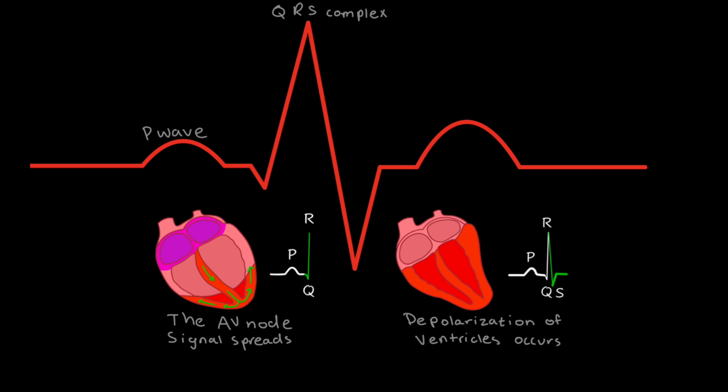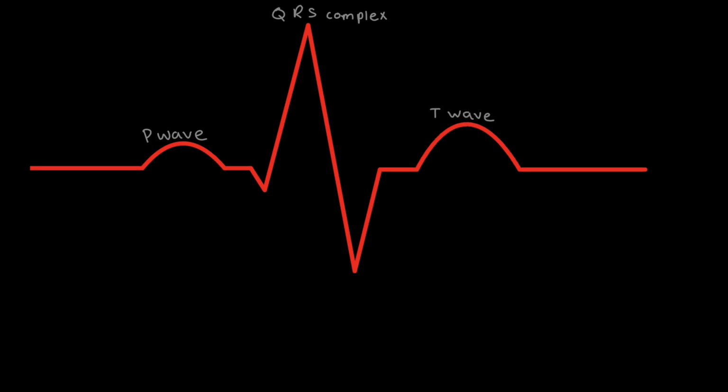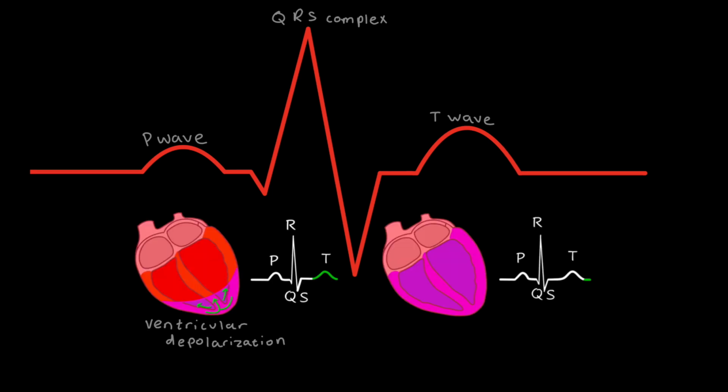Now, the Q wave occurs when the action potential reaches the interventricular septum, causing the depolarization of the septum. The R wave occurs when most of the ventricle has been depolarized, and the S wave concludes the depolarization of the ventricles. The final wave is the T wave, in which ventricular repolarization occurs and diastole follows.